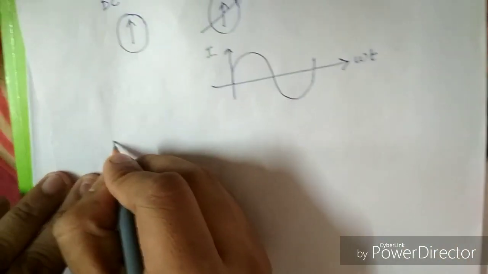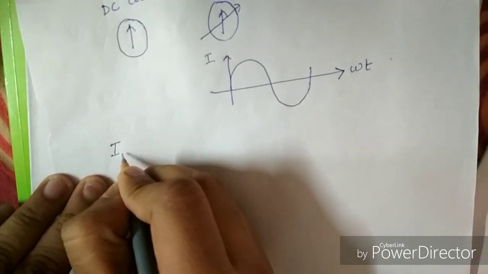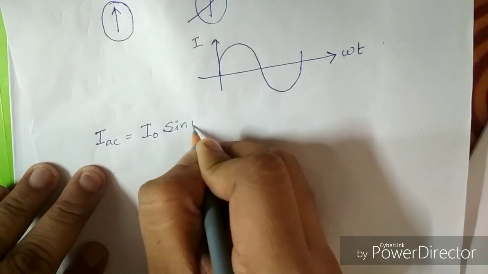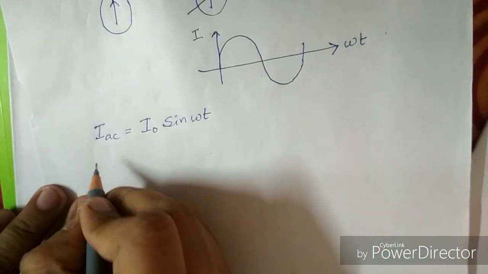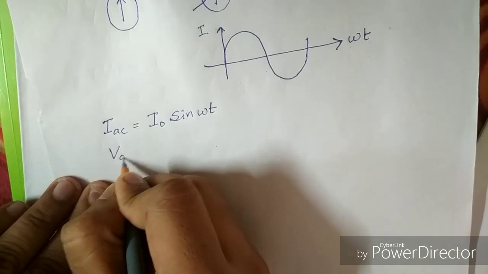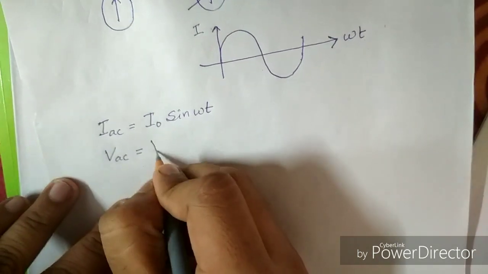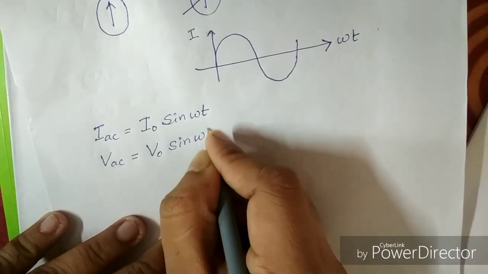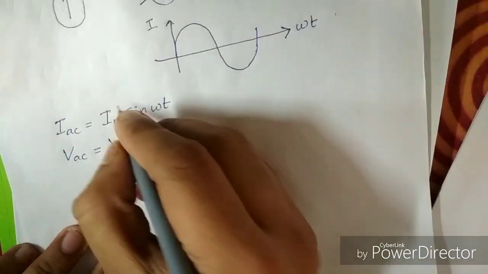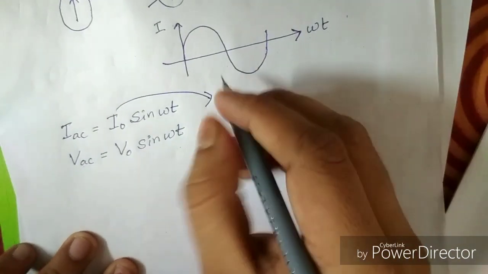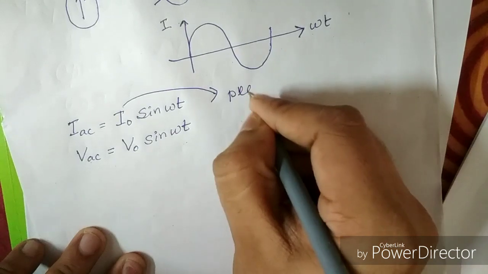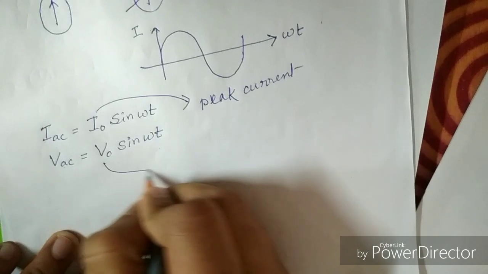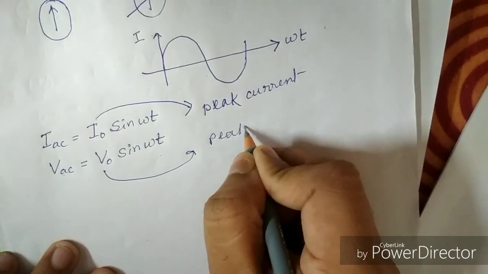AC current is represented as I AC equal to I naught sine omega t, and an AC voltage source is represented as V naught sine omega t. What is I naught? I naught is the peak current, and V naught is the peak voltage.